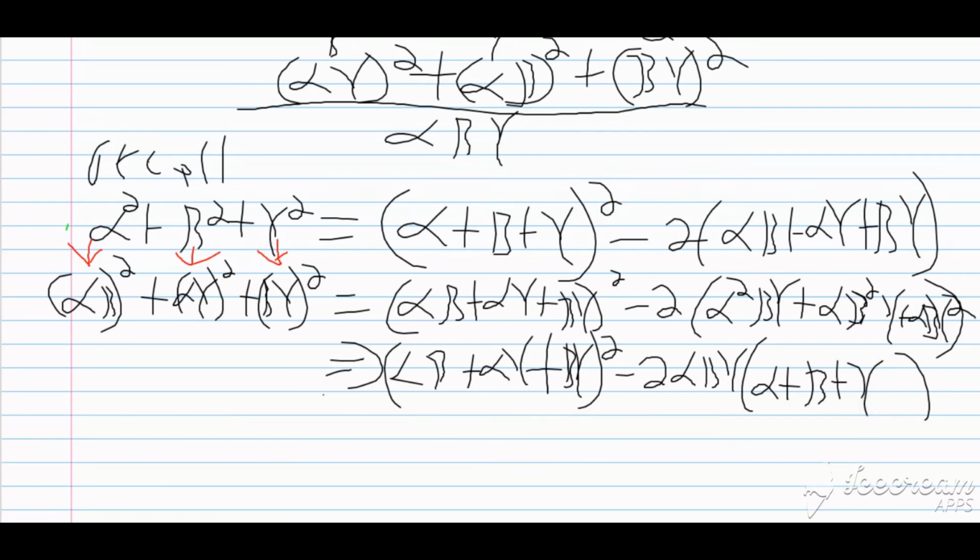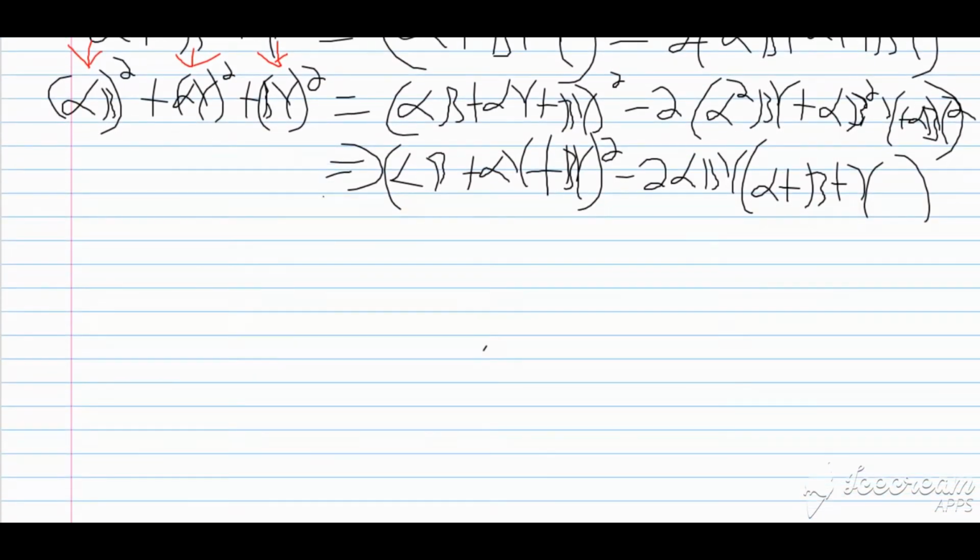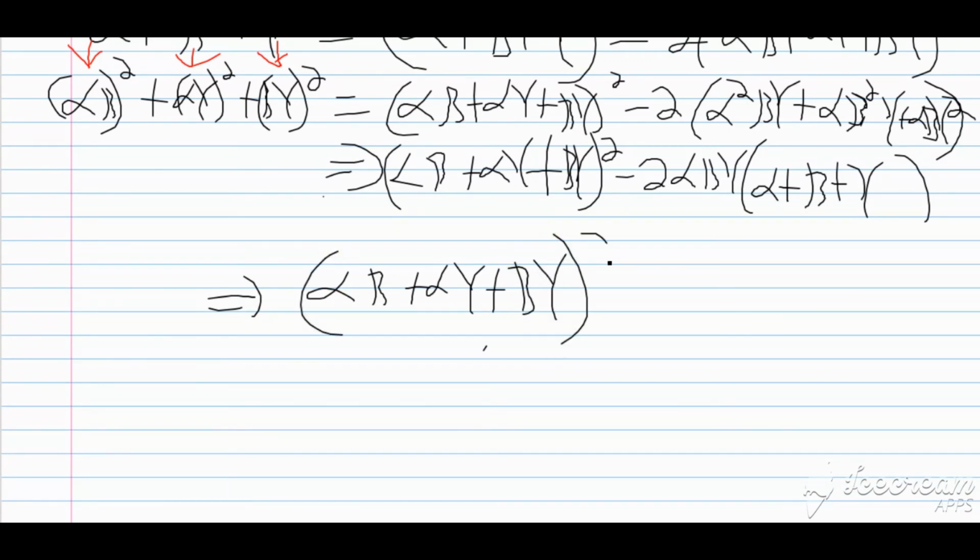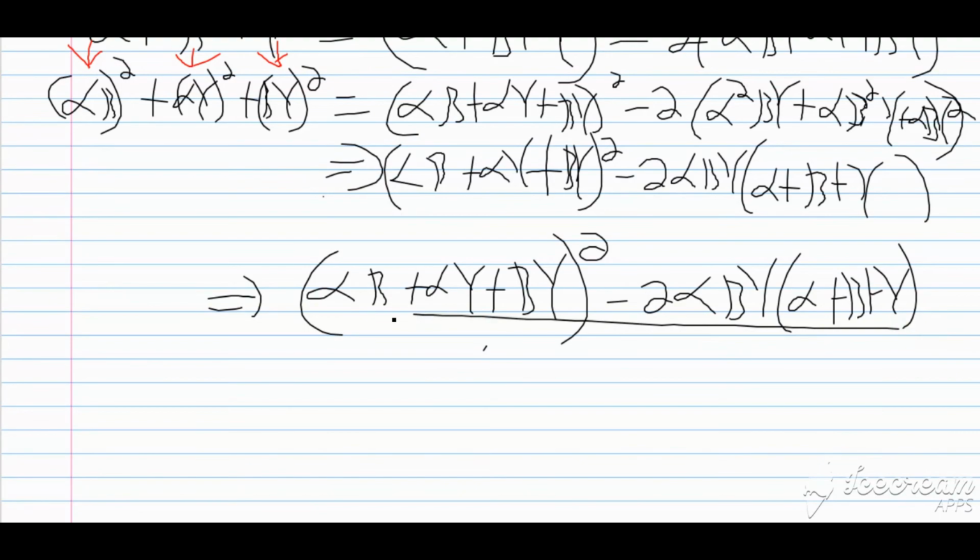Now we can put everything back together. This expression becomes alpha beta plus alpha gamma plus beta gamma all squared minus 2 alpha beta gamma times alpha plus beta plus gamma, all over alpha beta gamma.